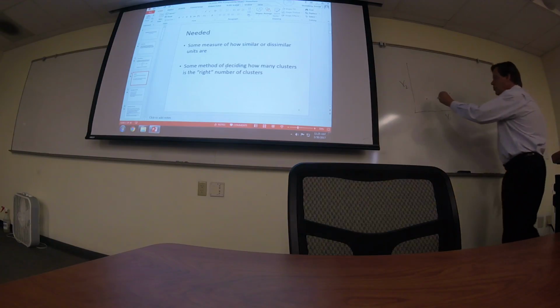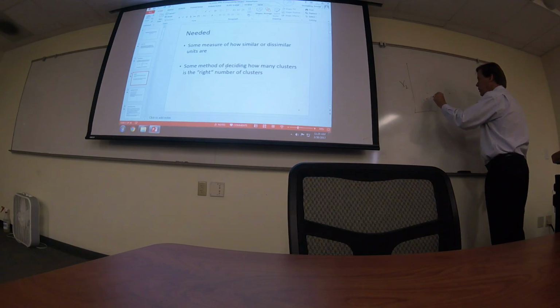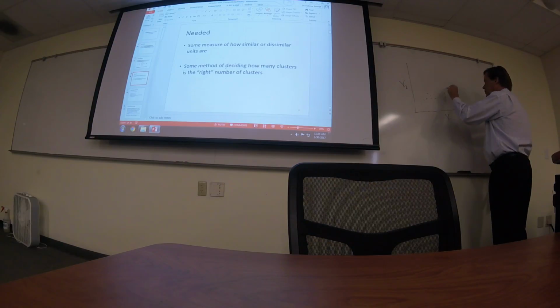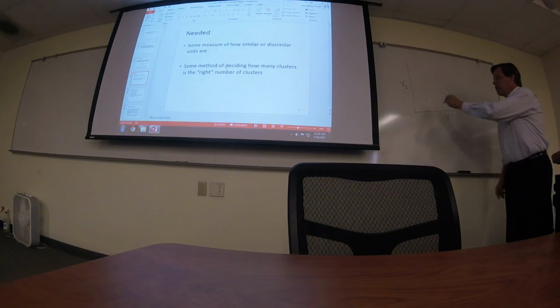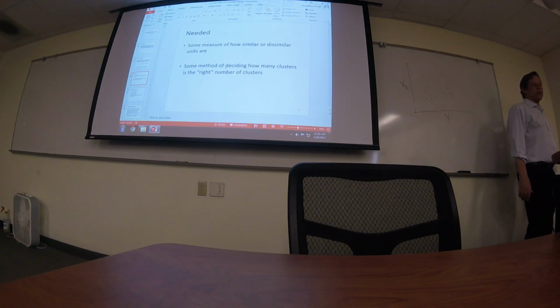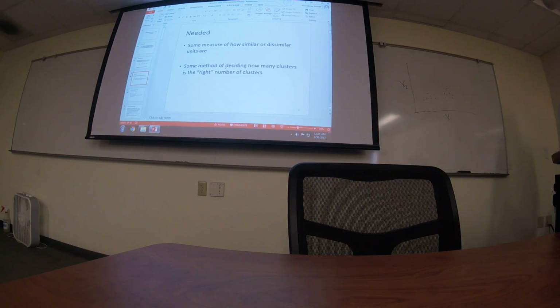But if you have two clusters, so we have two clusters here, how far apart are those two clusters? There's an almost infinite number of ways to measure the distance between those two clusters. Fortunately, if they're real clusters, it doesn't really matter what you choose.